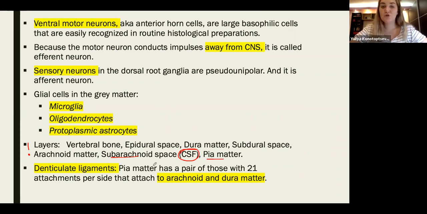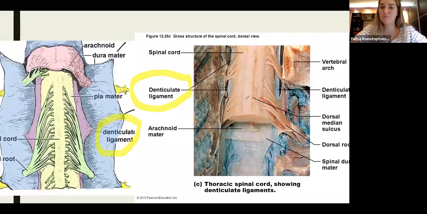Okay, there are certain things which are only present in the spinal cord and they aren't present in the brain. These things are called denticulate ligaments. So we need to talk a little bit about them. So you can see that this is your spinal cord, right? So there are lots and lots of tissues here. You can see that this is a sulcus. It's not very deep. You can see that there are lots and lots of nerves, right?